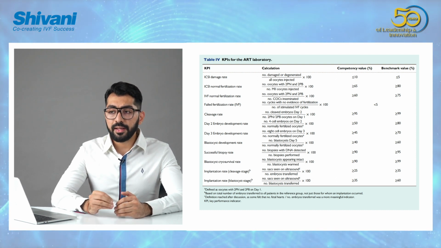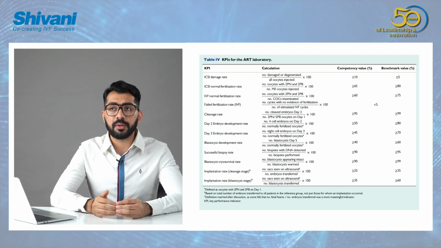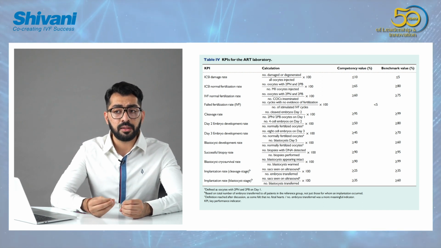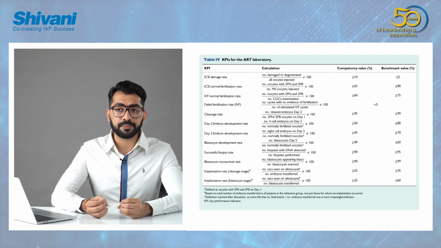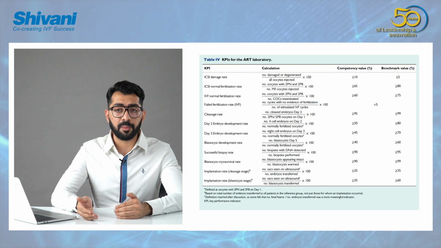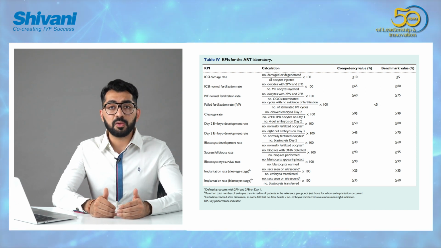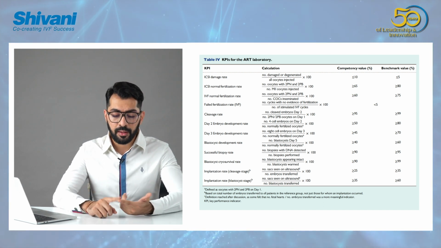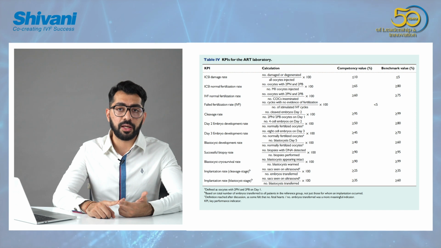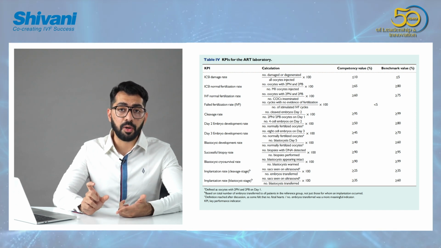Now why is cleavage rate so important? And why are the standards so high? Because if you're assessing the quality of the zygote and you've correctly identified the PN, it should generally form an embryo if the culture conditions are conducive. So if the zygotes are not forming embryos or are not cleaving, the first thing that I want to check is whether the embryologist is assessing the PN properly or not.